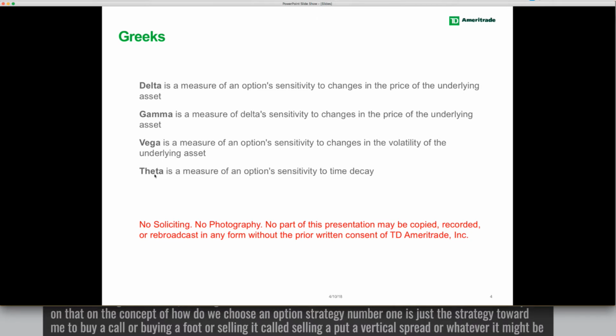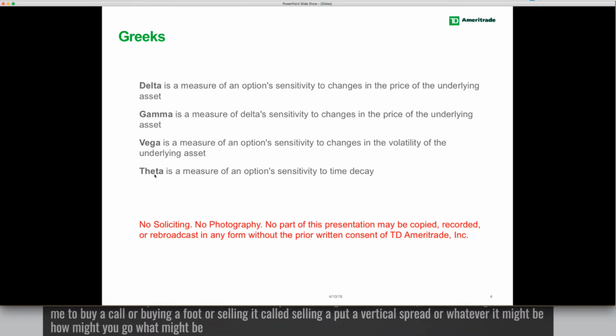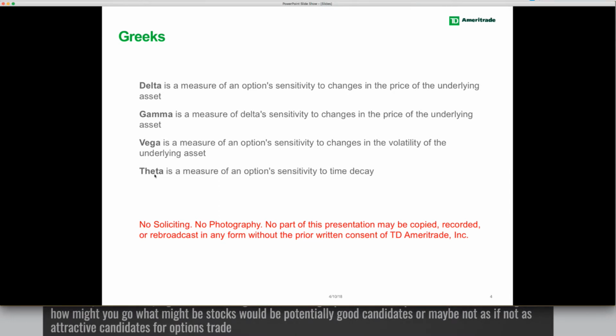What might be some of the considerations as you consider those things? But in the future, there's so many other things. Which strike prices do you choose? What kinds of stocks would be potentially good candidates or maybe not as attractive candidates for options traders? All those sorts of things.